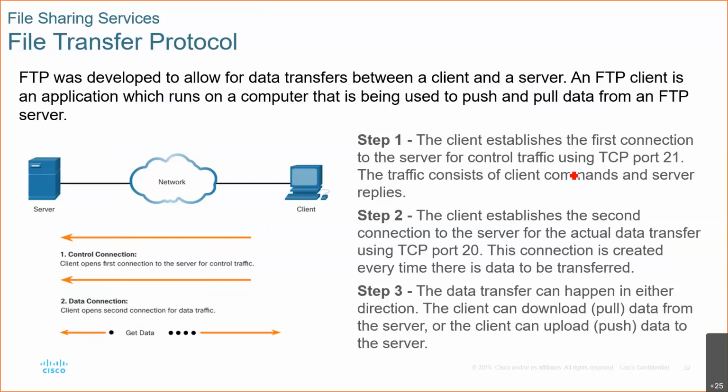Then you establish another connection on port 20 for the actual data transfer. The data transfer can happen in either direction. The client can download, which pulls data from the server, or you can push it to the server. A pull action means you're getting it from the server. Push means you're uploading it to the server.